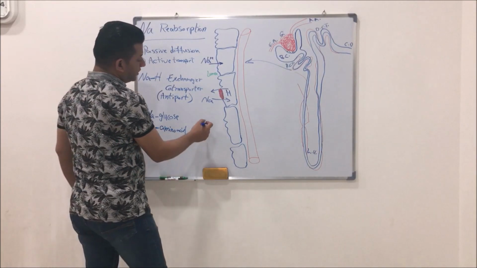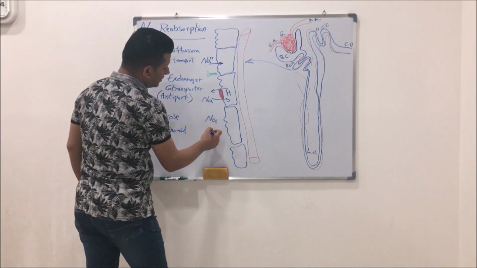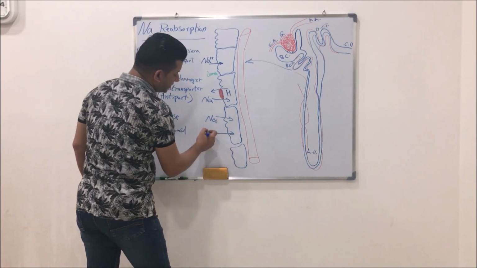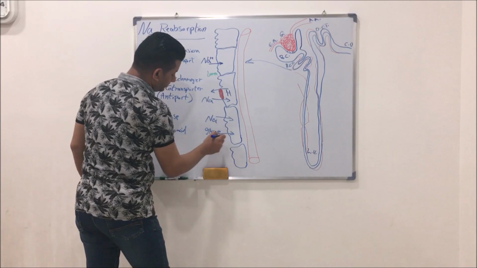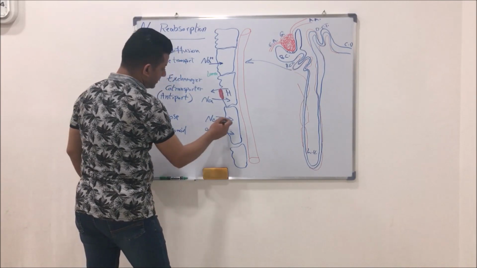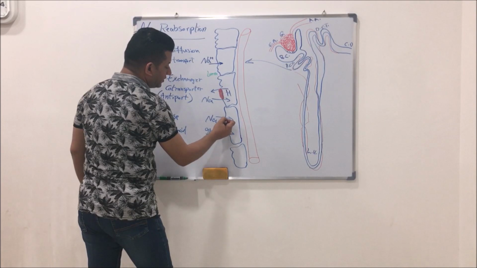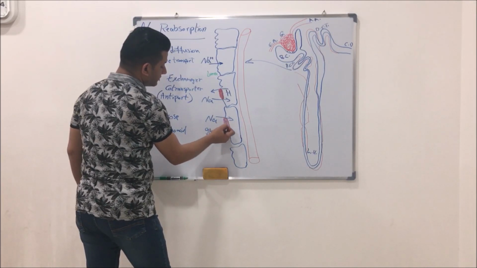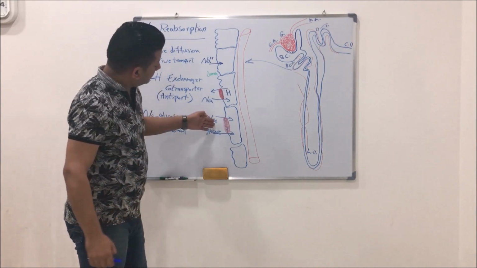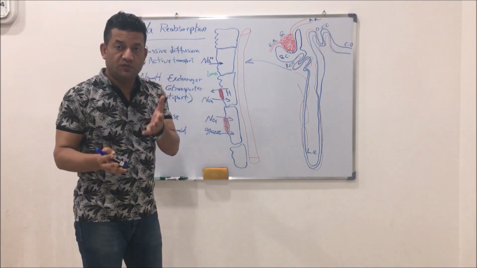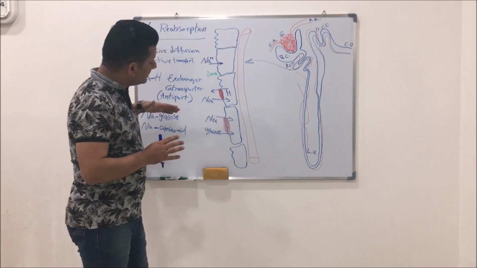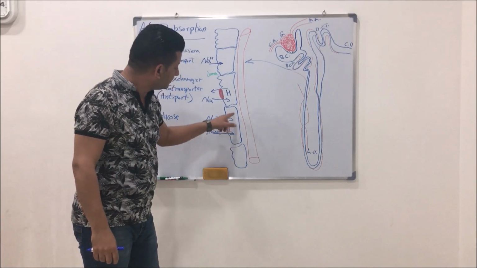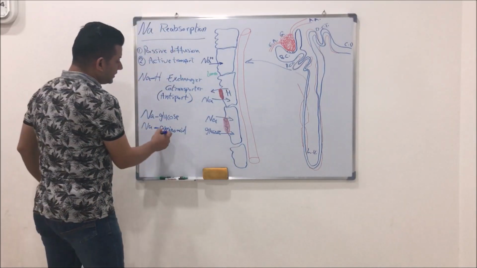In this case, sodium will be transported together, in the same direction, with glucose, for example, and with the aid of a specific carrier protein, of course. As you note here, the direction of movement of sodium is the same as the direction of glucose, to enter the intracellular structure of the renal tubule cells. So it is called symport.